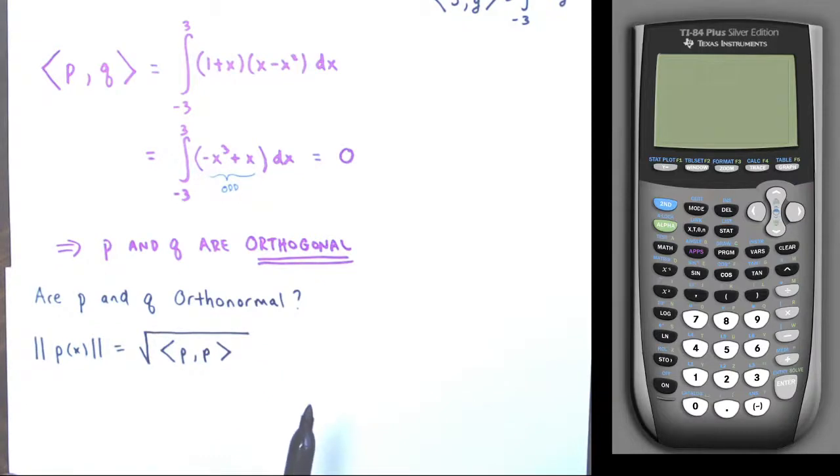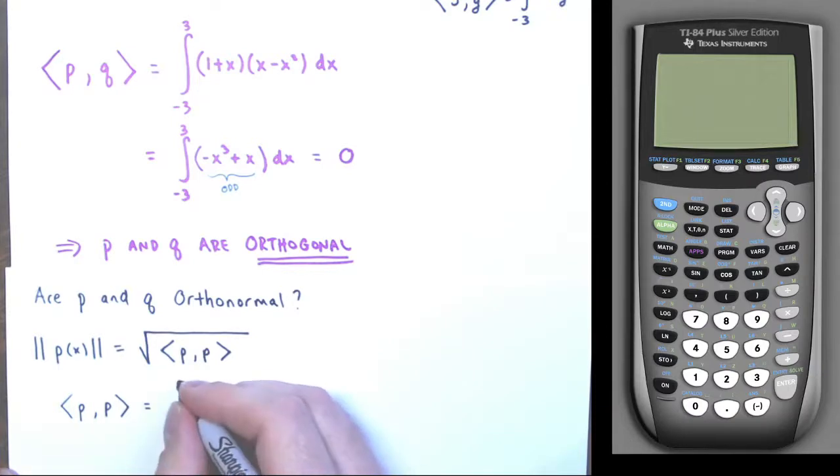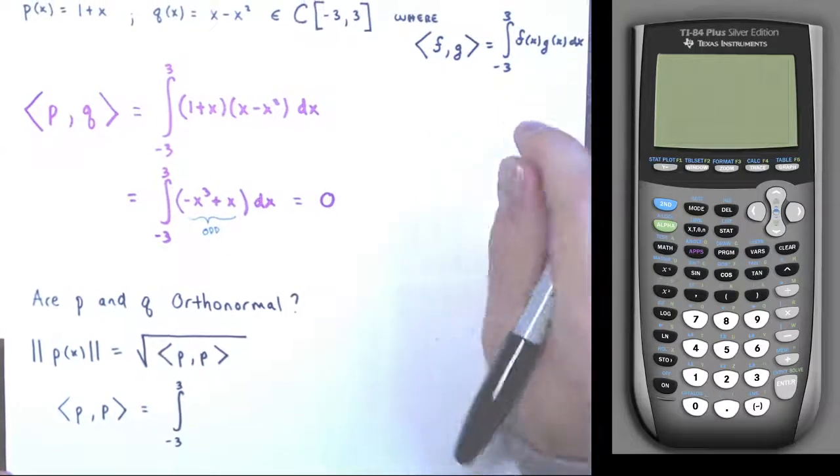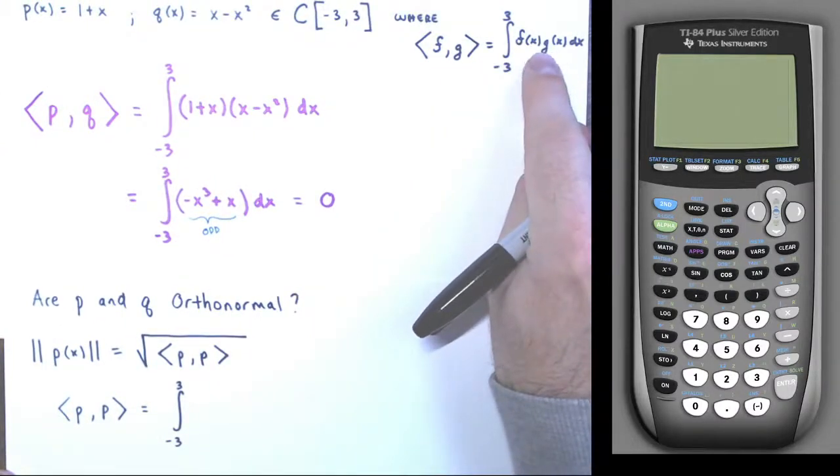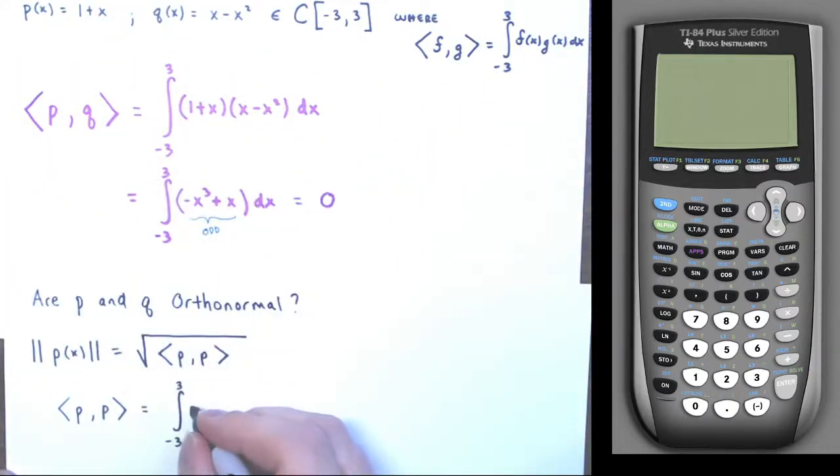The inner product of P with itself is the integral from -3 to 3 of P times P. Remember the inner product was the integral from -3 to 3 of the product of those functions. So 1 plus x times 1 plus x, so 1 plus x squared, then with respect to x.